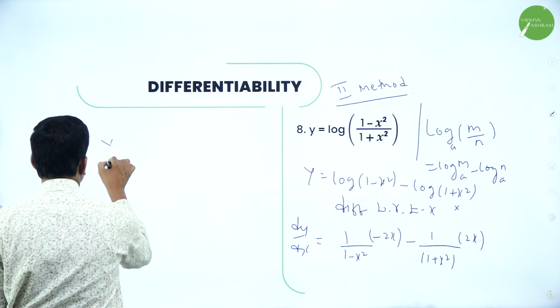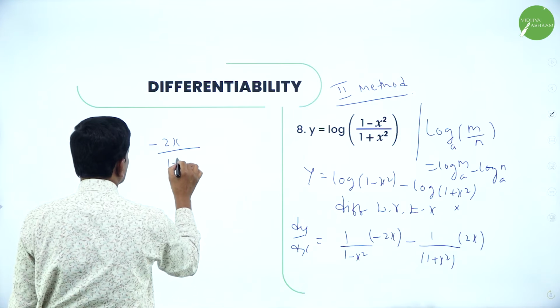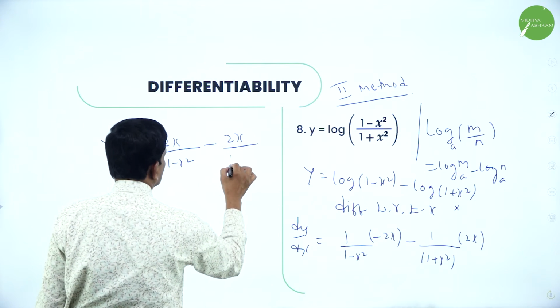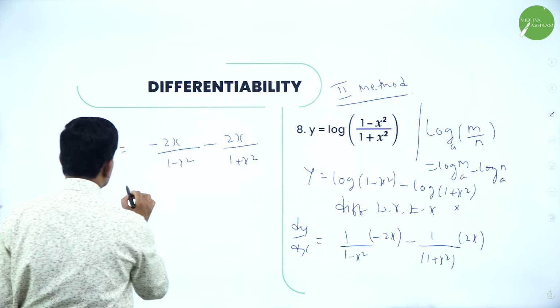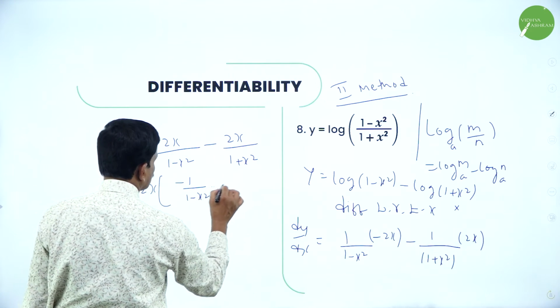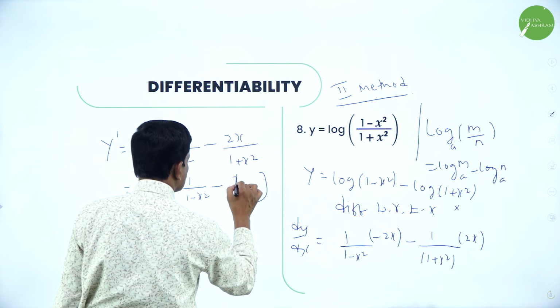So, this can be written as y dash is equal to minus 2x by 1 minus x square minus 2x divided by 1 plus x square. Now, you can take 2x common factor, minus 1 by 1 minus x square minus 1 divided by 1 plus x square. This is 1.